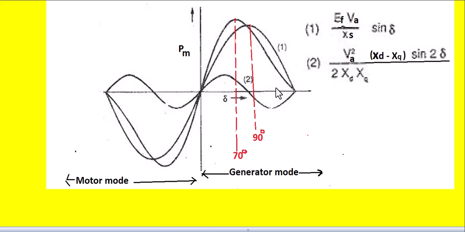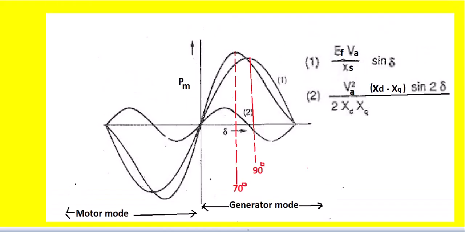And the second curve is due to saliency, the equation becomes like this: Vs square XD minus XQ into sin 2 delta divided by 2 XD XQ. This is called the generator mode, this is called the motor mode.